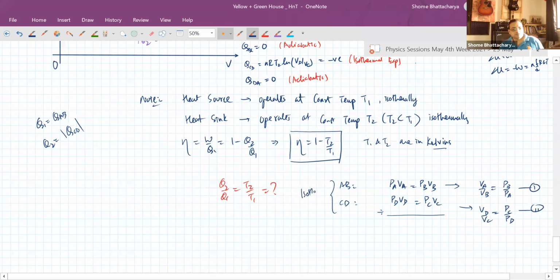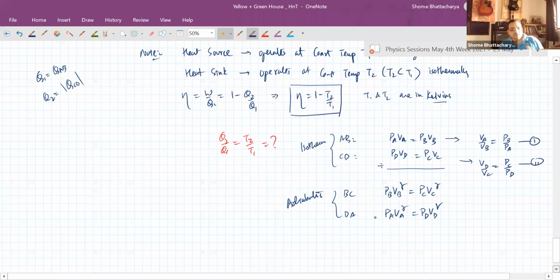Similarly, BC and DA are adiabatic processes. So we have PBVB to the power gamma is equal to PCVC to the power gamma, and PAVA to the power gamma is equal to PDVD to the power gamma.